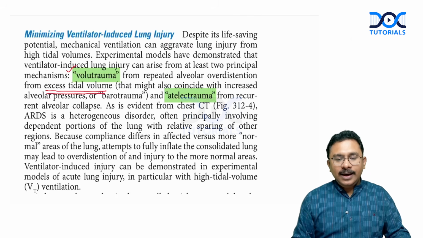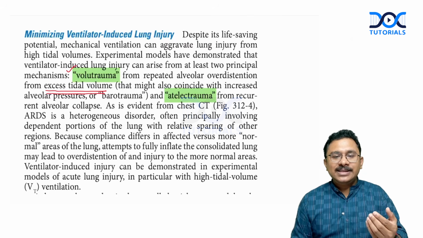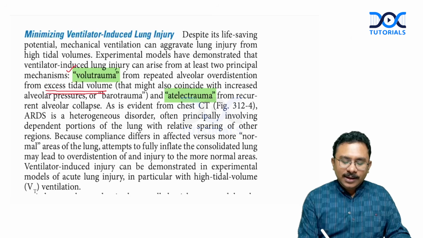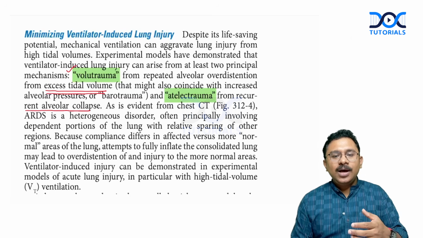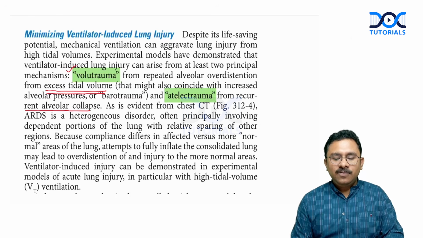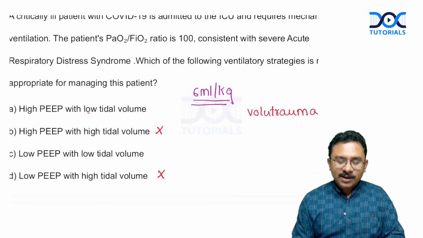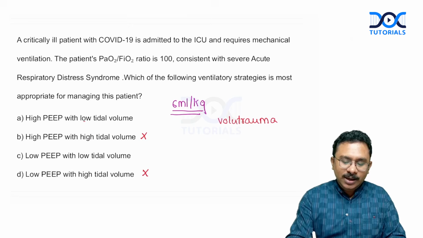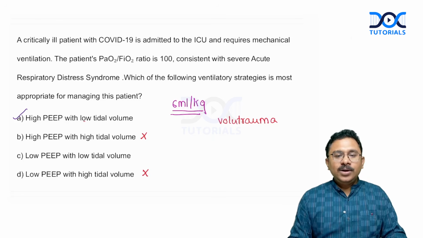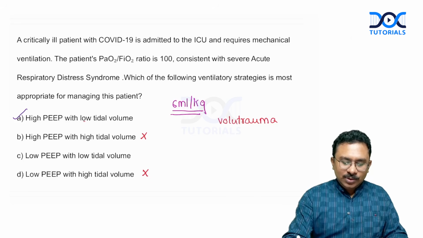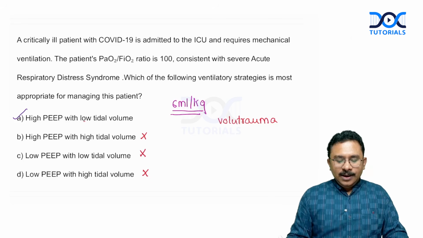Another point that you want to prevent is atelectatic trauma that occurs due to alveolar collapse. This alveolar collapse can be prevented by giving a high PEEP. So for this particular question, the answer is going to be option A, high PEEP with a low tidal volume.